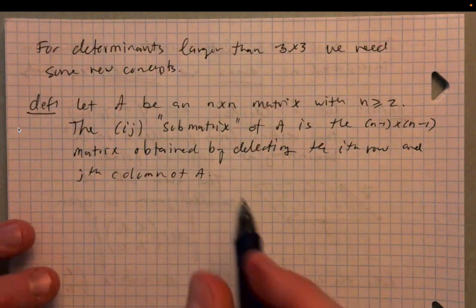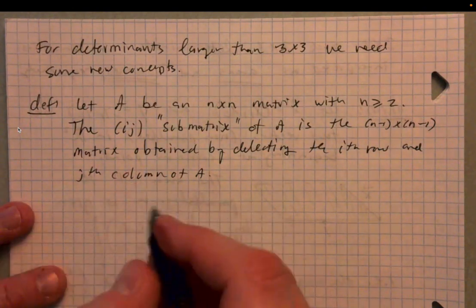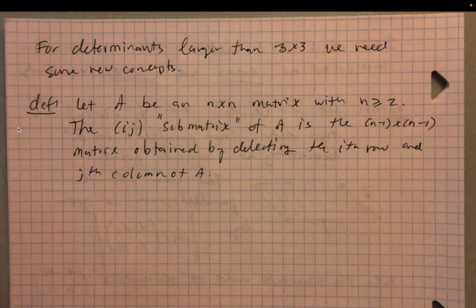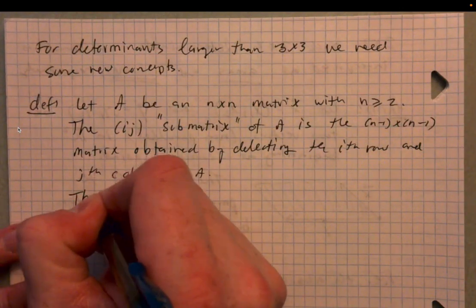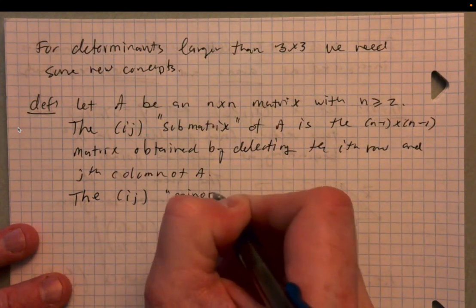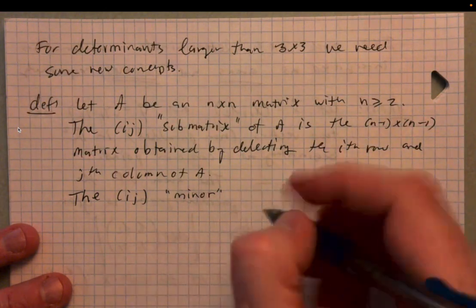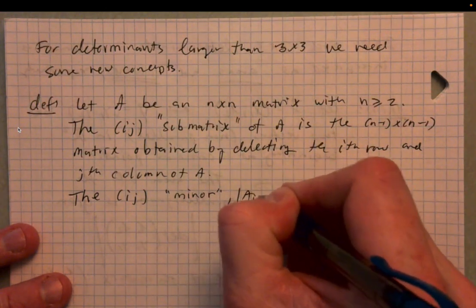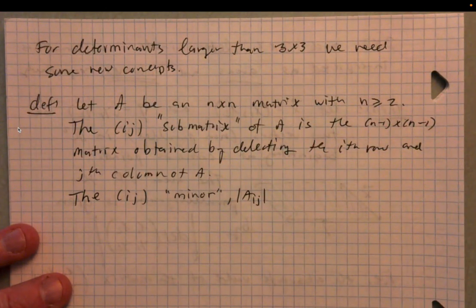Okay, and then a term that comes up here, kind of connected to this, is the idea of the minor. The ij minor, denoted Aij, like so, is the determinant of the submatrix Aij.